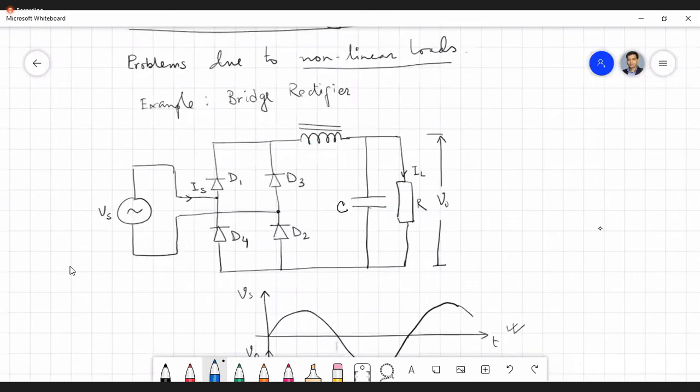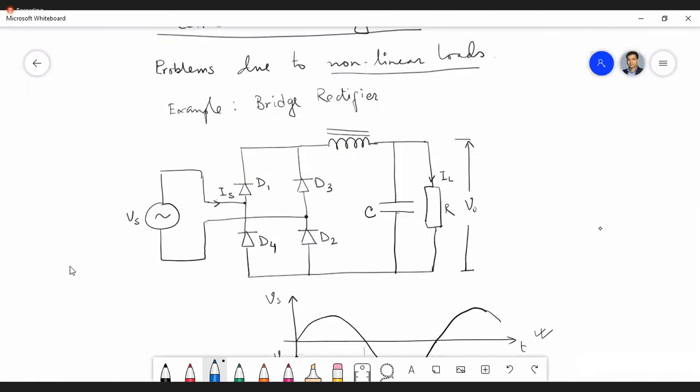Okay. Now, as you can see, there are two halves. One is the positive half, another is the negative half of the supply voltage. So this is the positive half. Let us show by some red lines the positive half, and let us draw the current in that positive half.